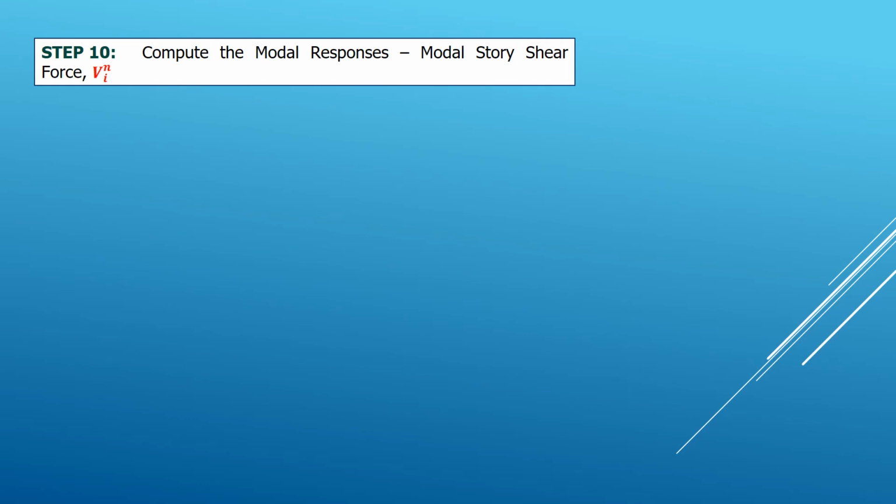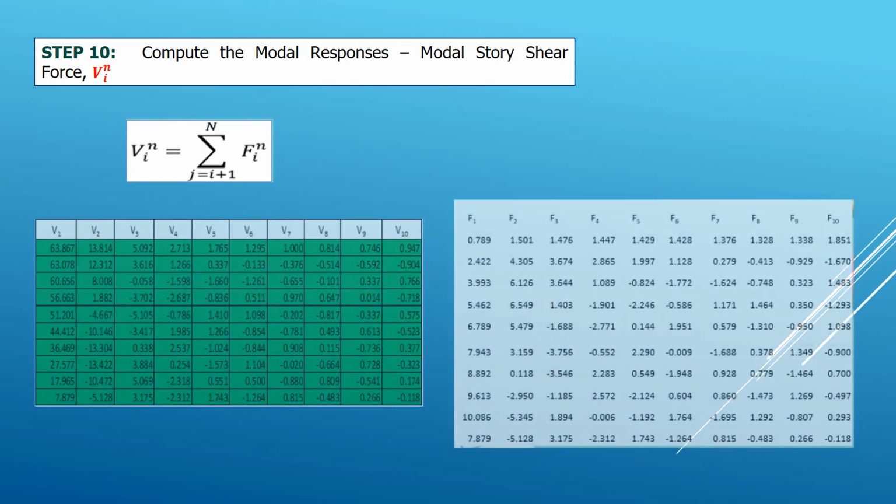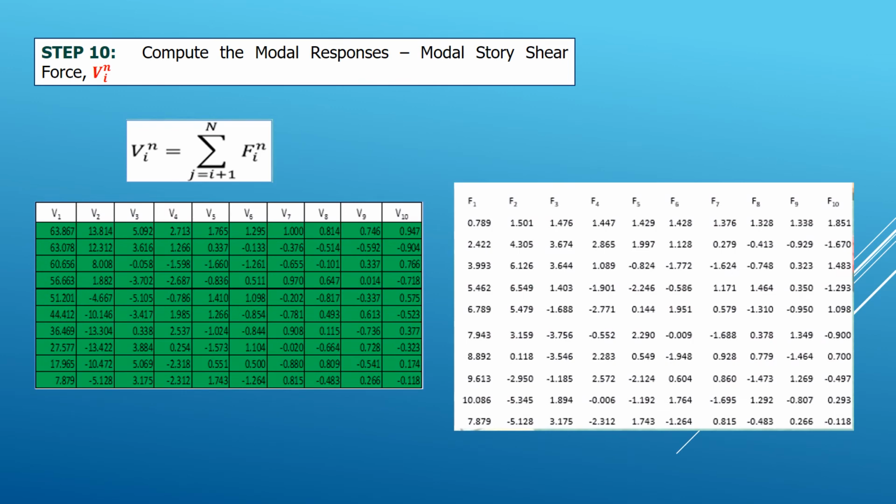Step 10. Compute the modal responses for modal story shear force. So, para makuha ang modal story shear force, ito yung formula. And since nakuha naman natin yung modal lateral force, so, para makuha yung V1, itong lahat ng V1, ang gagawin natin is copy natin yung last row, ang calculated F1 galing sa baba.